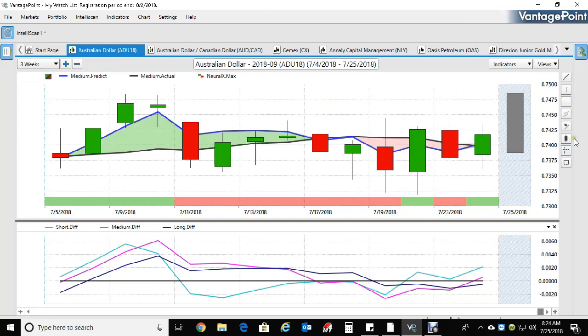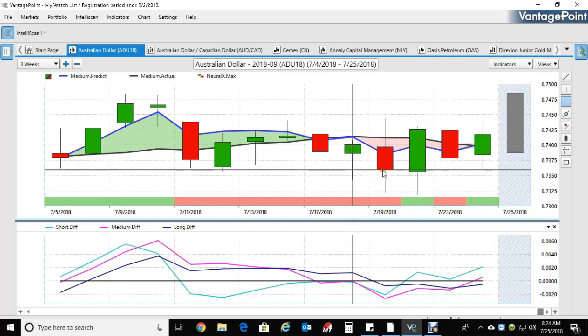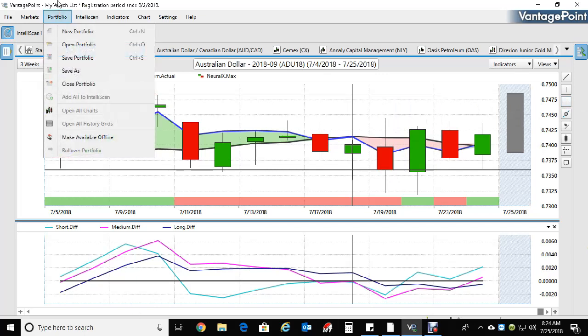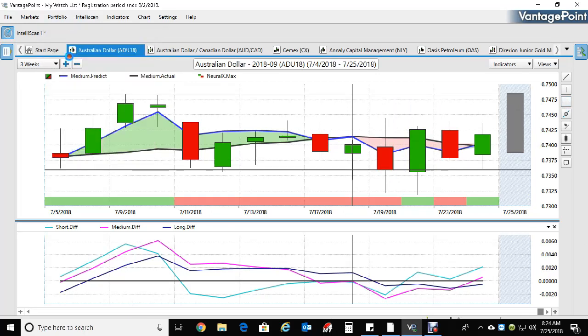There's no way to write over it. But if you do lines, like your lines of resistance and support, and you want to save something like this, you just have to come to portfolio and do Save Portfolio, and that will save the changes that you made.